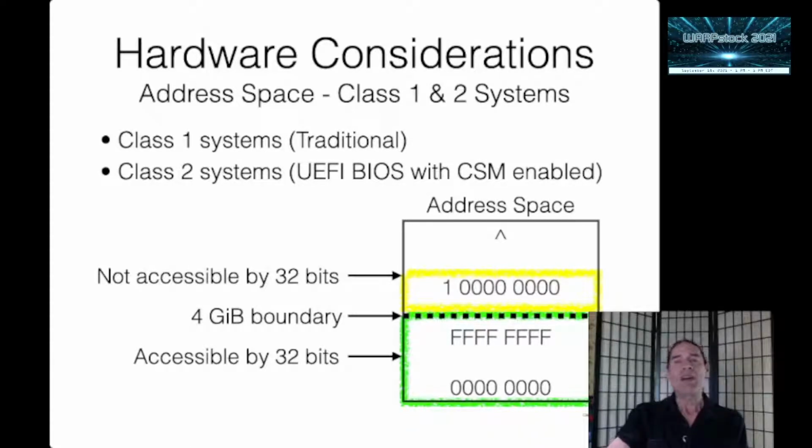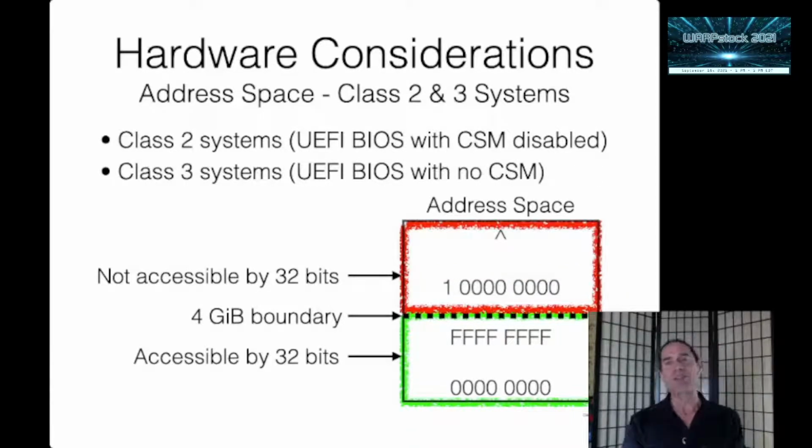These UEFI BIOS systems with a CSM typically put all of the I/O devices into 32-bit address space, the green area, because that makes it easier for their CSM to work. So they're just making it easier on themselves.